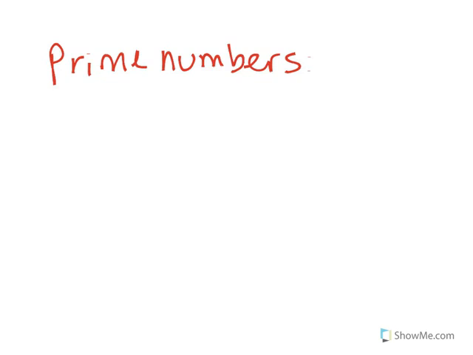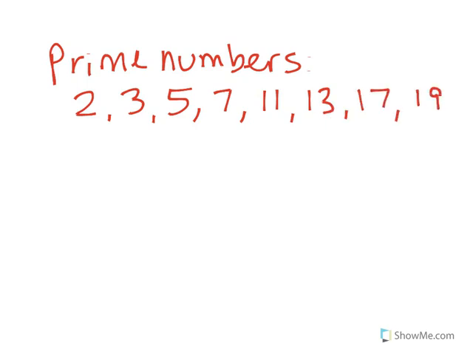Okay, these numbers are the ones that you would circle. 2, 3, 5, 7, 11, 13, 17, and 19. Prime numbers go on forever and ever, but I'm just going to stop there. The next one would be 23, but I'm just going to stop at 19.